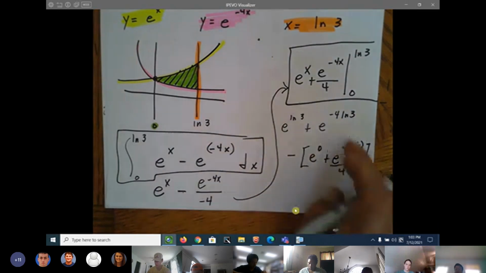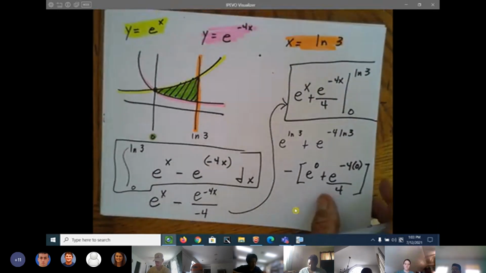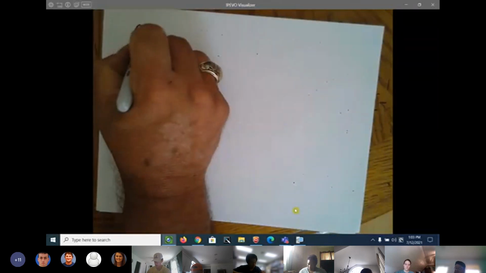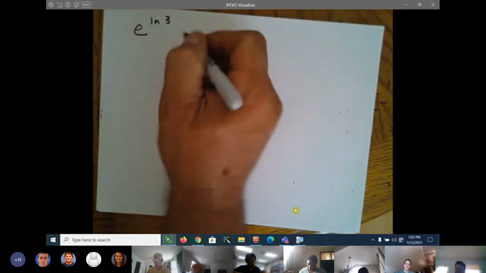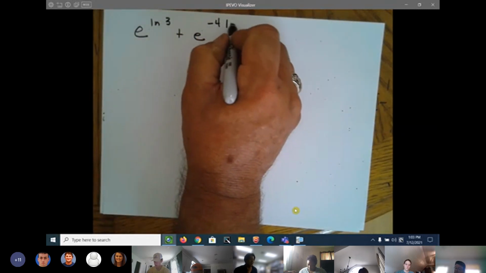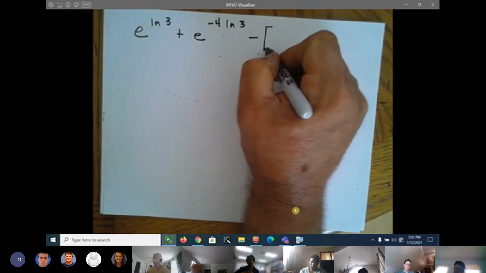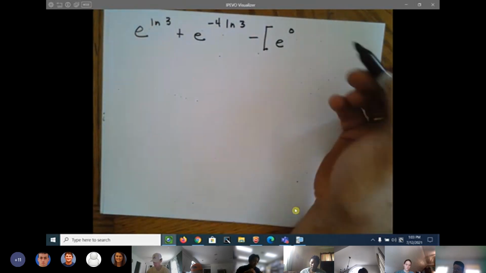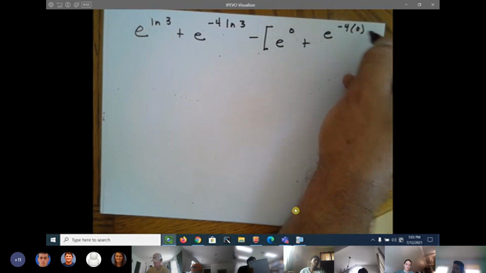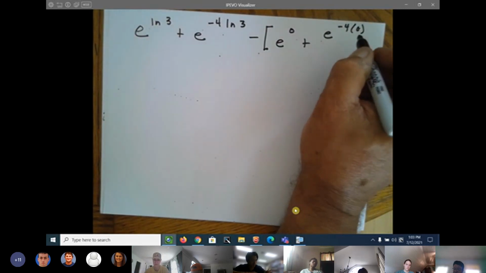I'm going to write all this on the next page. We're going to do it by hand because it's not very difficult. So e to the natural log of 3 plus e to the negative 4 natural log of 3 minus e to the 0 plus e to the negative 4 times 0 over 4.